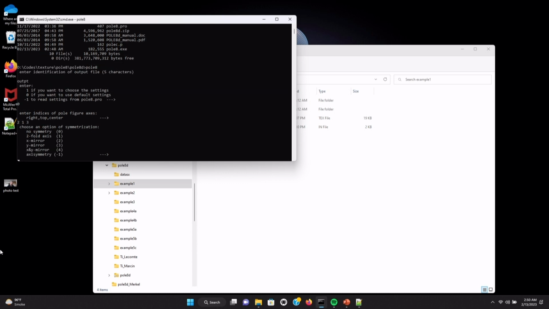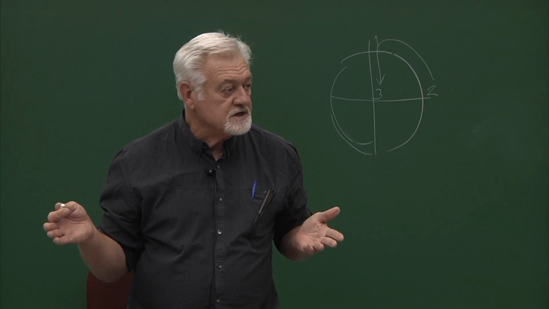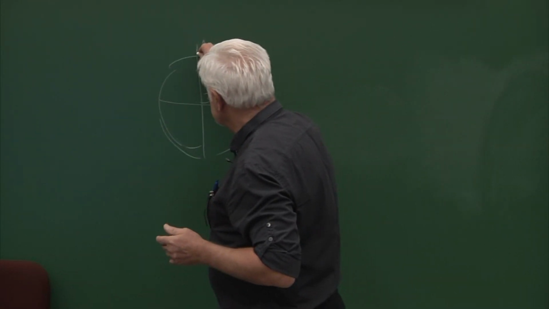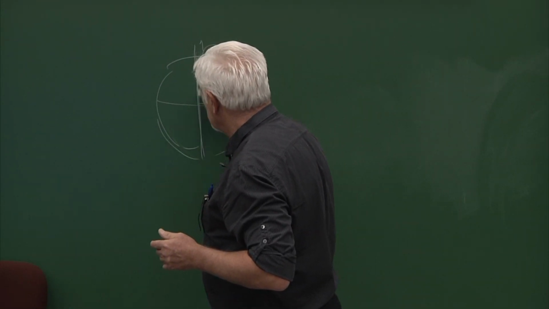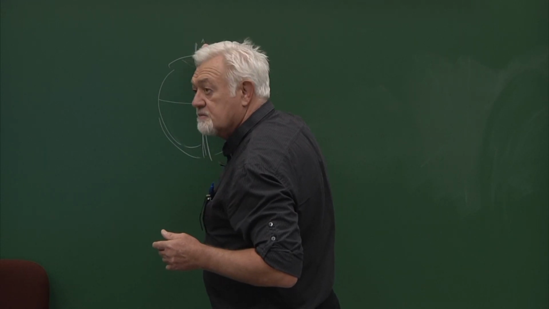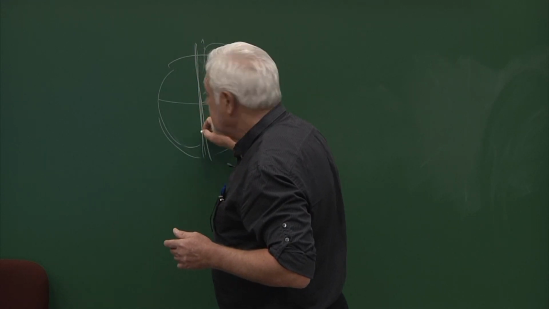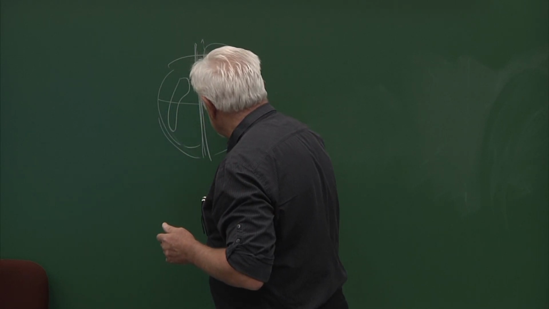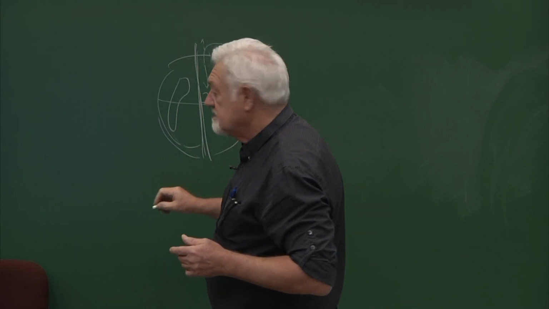It will ask you for an option of symmetrization. As I say, 0 is the default, but you can symmetrize this pole figure and take this as a mirror plane, in which case whatever is here is going to appear as a mirror there.